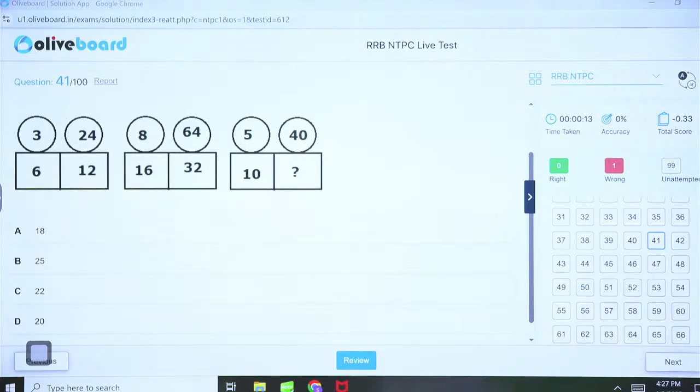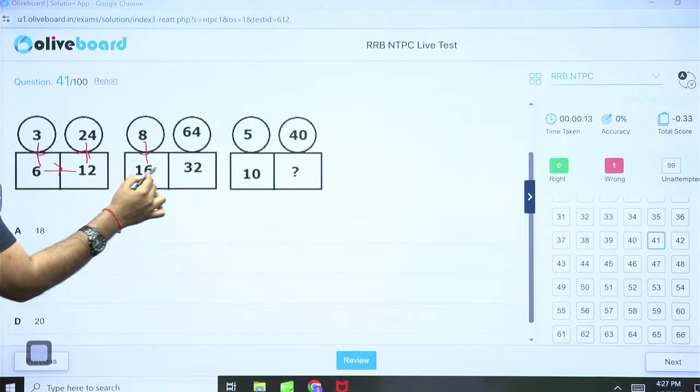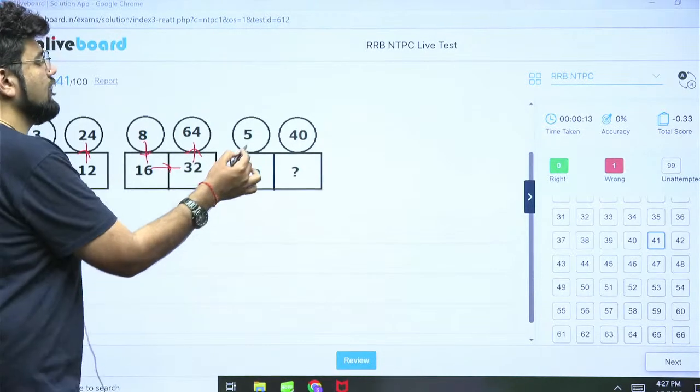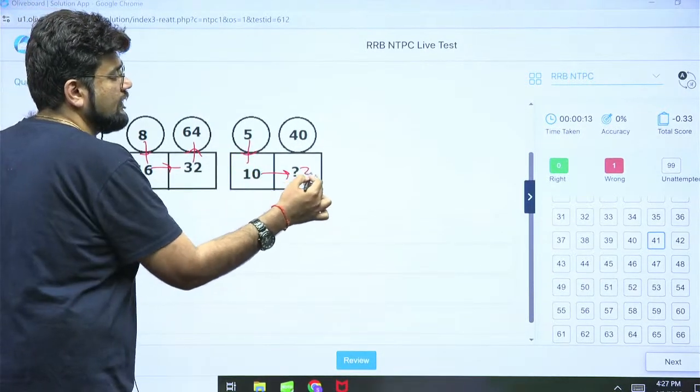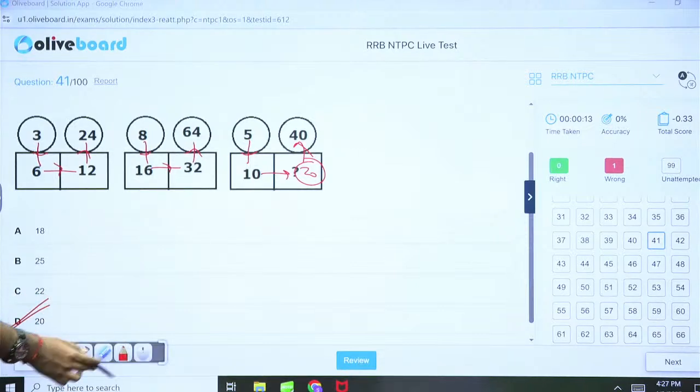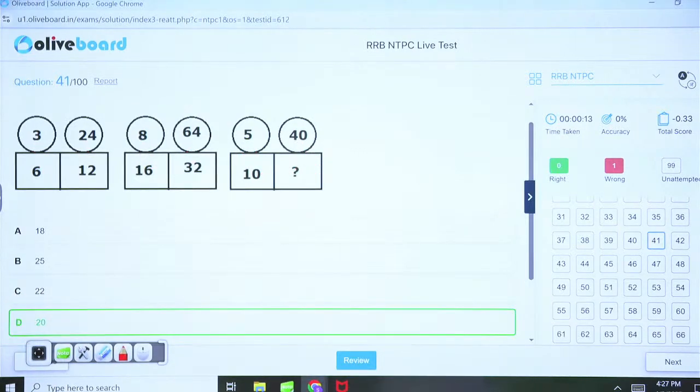What is happening? 3 double 6 double 12 double 24. 8 double 16 double 32 double 64. 5 double 10 double 20 double 40. So your answer would have been D. Okay. Correct. Very good, Swapnil.